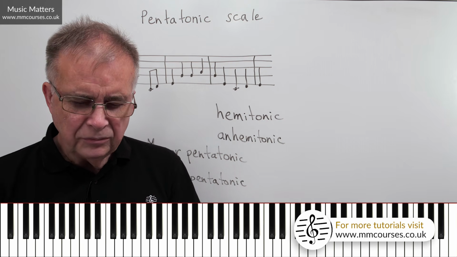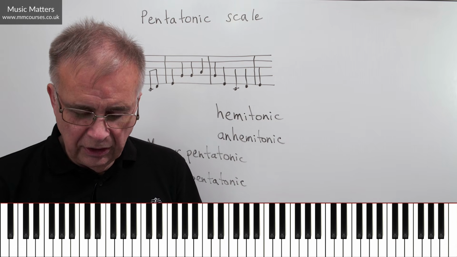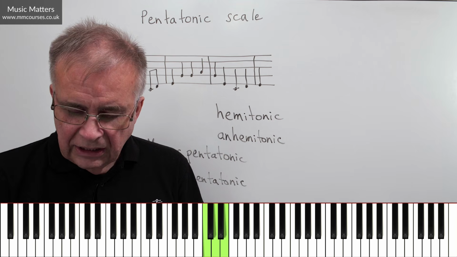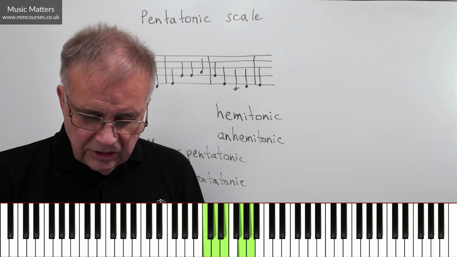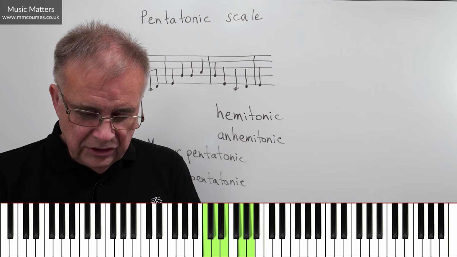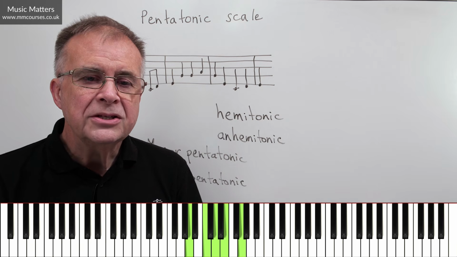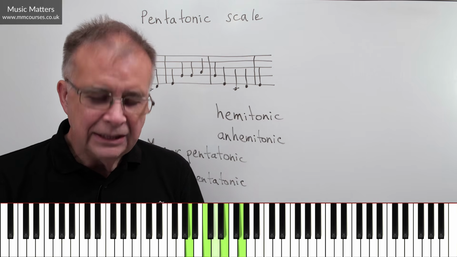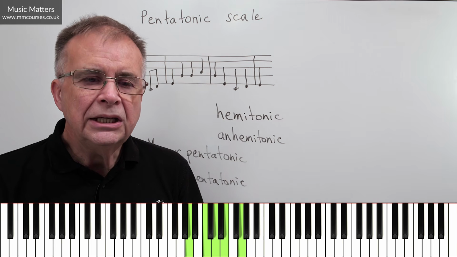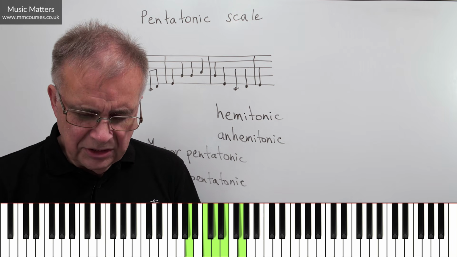The only difference is that we start on A instead of on C. So if I'm talking about the C major thing, going 1, 2, 3, 5, 6, C, D, E, G, A, all I need to do is take that A off the top and put it on the bottom. So I go A, C, D, E, G, and I've now got a minor pentatonic scale. Let me just run that again.